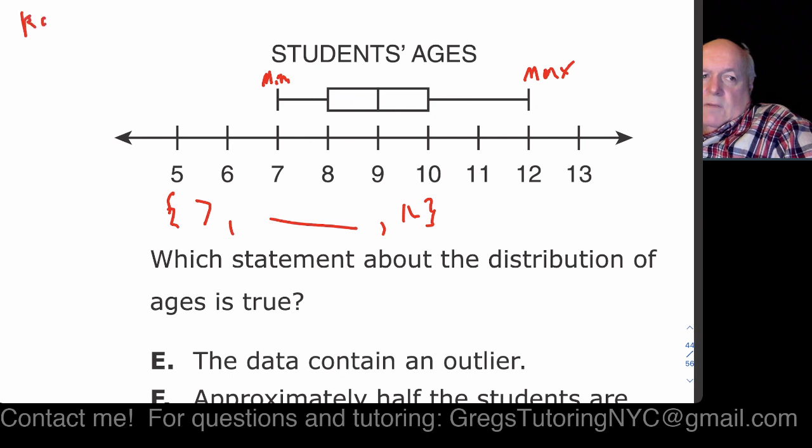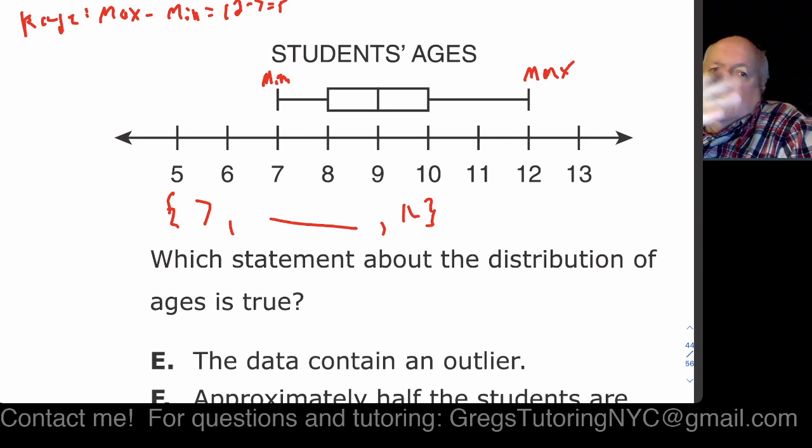Range is normally your max minus your min. In this particular set of data, we're going to have 12 minus 7 is equal to 5.